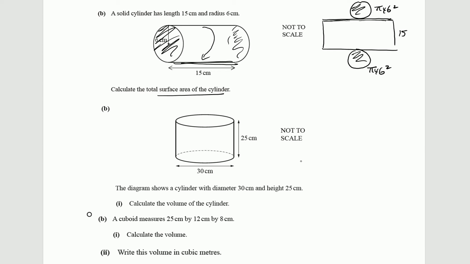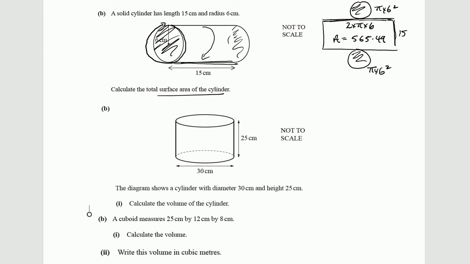If this length over here wraps all the way around that circle, its length must be the same as the circumference of the circle. 2 times pi times r, which is 6. So that's that length times that height for the area of my rectangle. 2 times pi times 6 times 15. And that's getting me altogether 565.49.